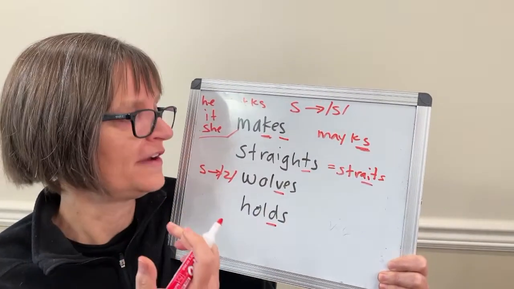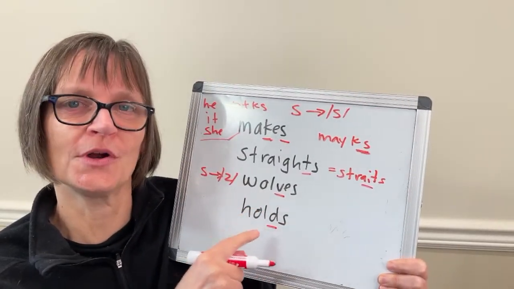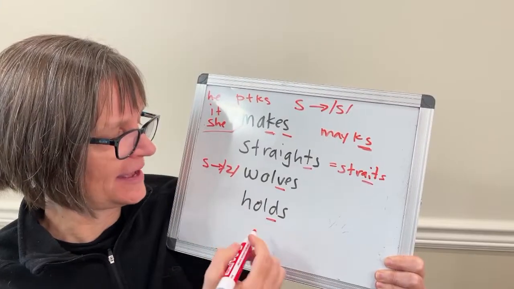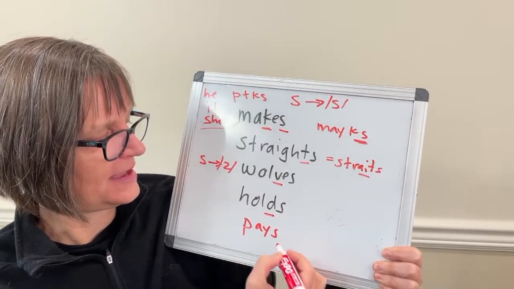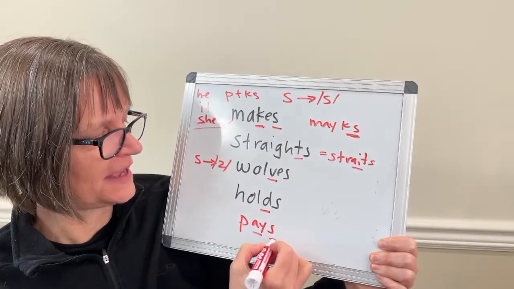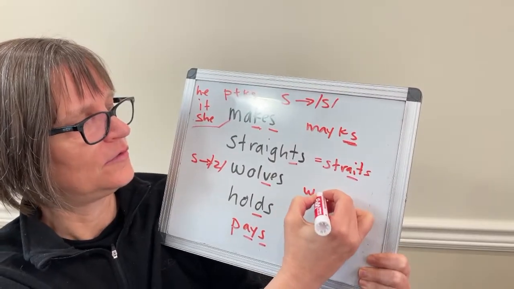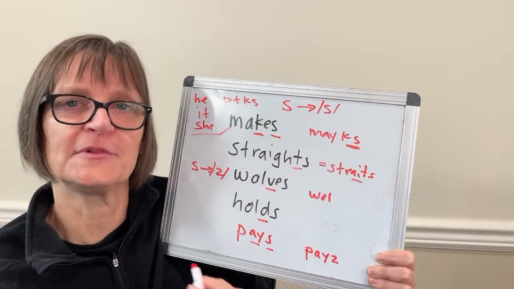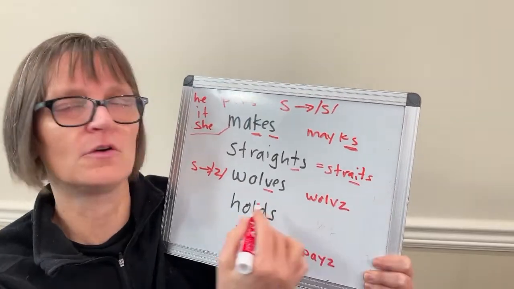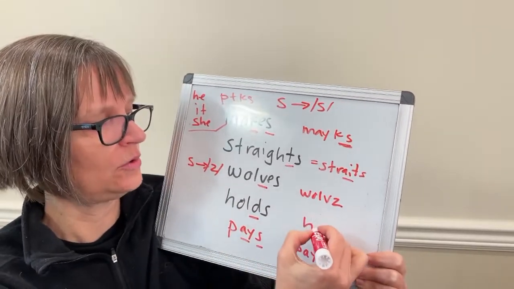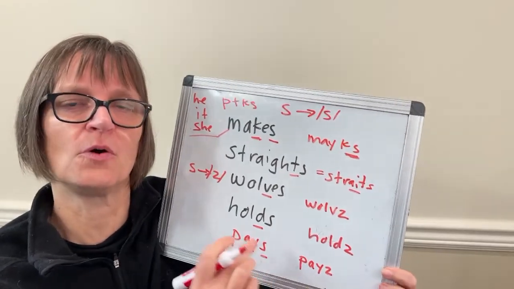So very frequently, if we have a voiced consonant or a vowel sound, so for example, if I had like pays, this vowel sound, then that's going to be a Z sound. So pays. For wolves, very similar to moves, where I have to do the V and the Z sound together, wolves. Or holds, again, the D and the Z sound together, holds.